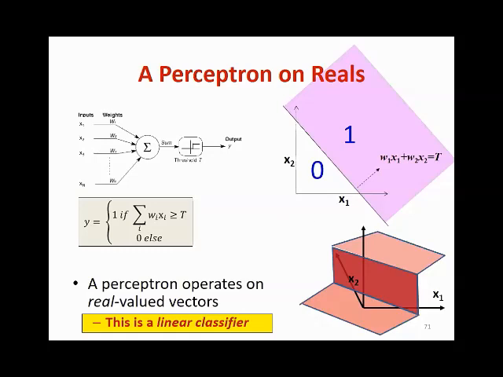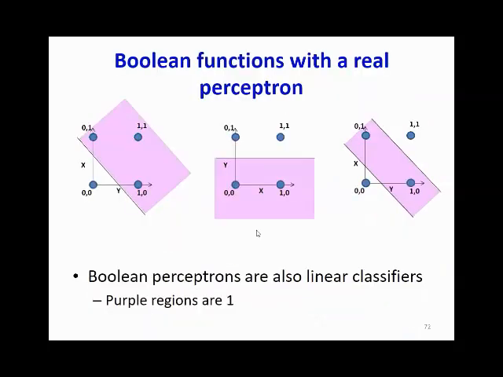And now we also saw how the perceptron can model Boolean gates. For Boolean gates, the inputs are Boolean. So if I had a 2-input perceptron and the inputs were Boolean, then the inputs are either going to be 0, 0, 0, 1, 1, 0, or 1, 1. And now if the perceptron had this decision boundary, it's going to output a 1 for these 3 patterns. So this is giving you x or y. If this were the decision boundary with a 1 on this side, the perceptron is going to give you a not y.